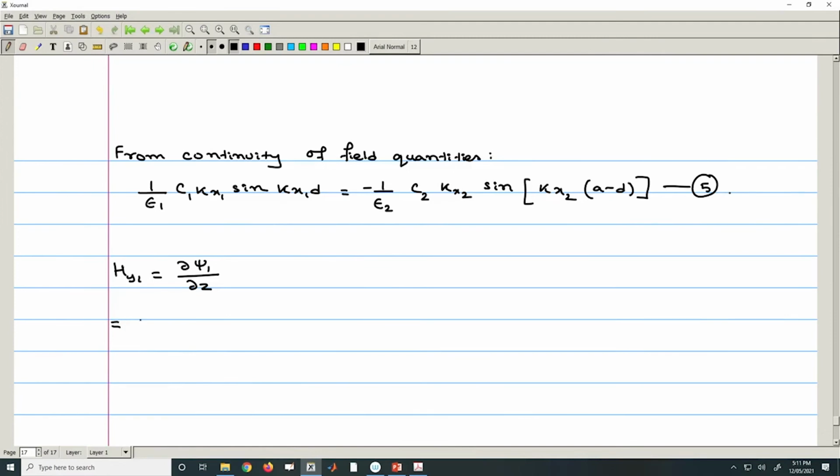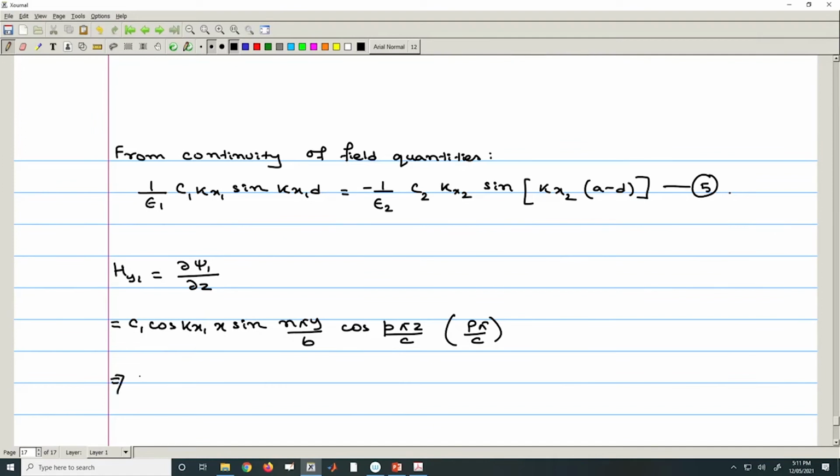So, we can write it like C 1 cos of k x 1 x sin n pi y upon b cos p pi z upon c, then p pi upon c.